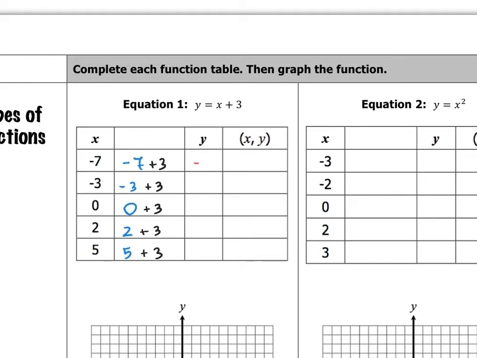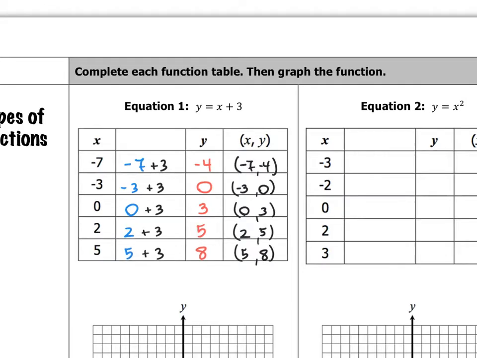-7 plus 3 is -4. -3 plus 3 is 0. 0 plus 3 is 3. 2 plus 3 is 5. And 5 plus 3 is 8. So my ordered pairs are -7, -4; -3, 0; 0, 3; 2, 5; and 5, 8.